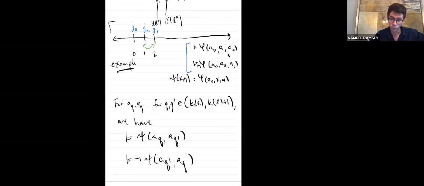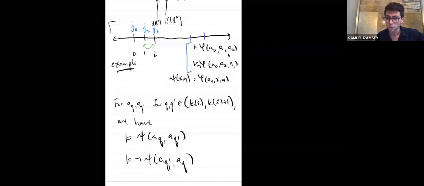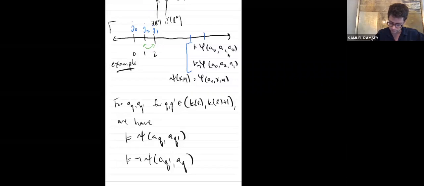And now that's just for these two elements, but we're working with an indiscernible sequence. So if I take any two things which are sitting in the right order relations with respect to, say, A0, then it also is true. So if I replace A1 and A2 with any two things living out here, it's also going to be true. Because these tuples live inside this interval between K of L and K of L plus 1, I'm not going to jump over any of the other tuples.